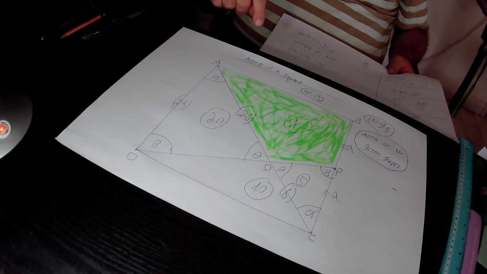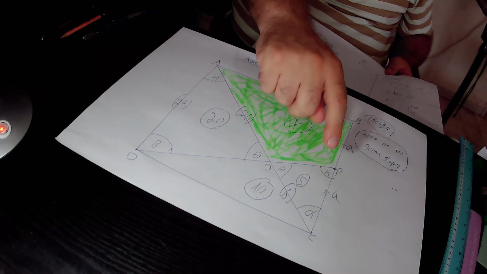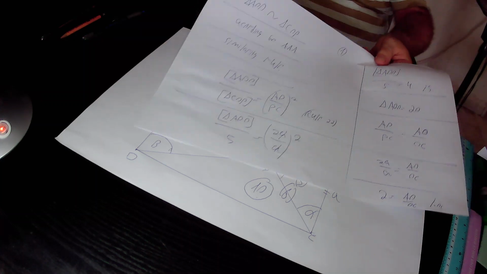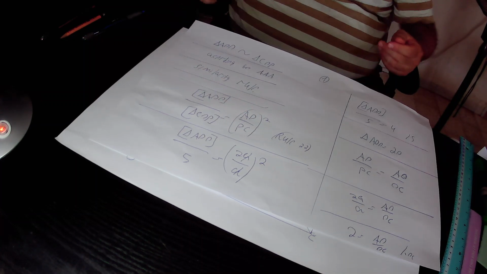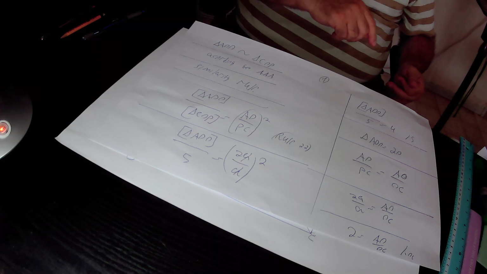That is to say, it is side AD over side PC squared, according to rule 22.